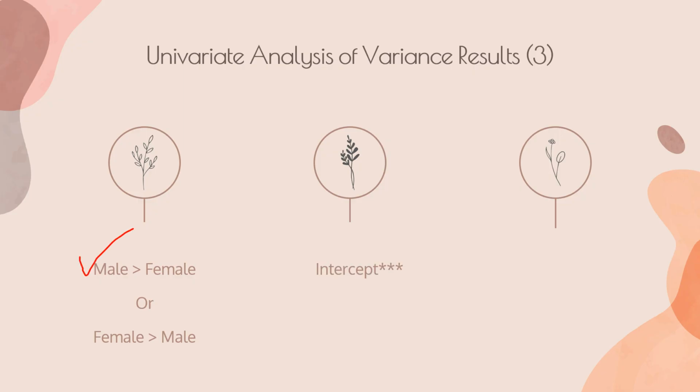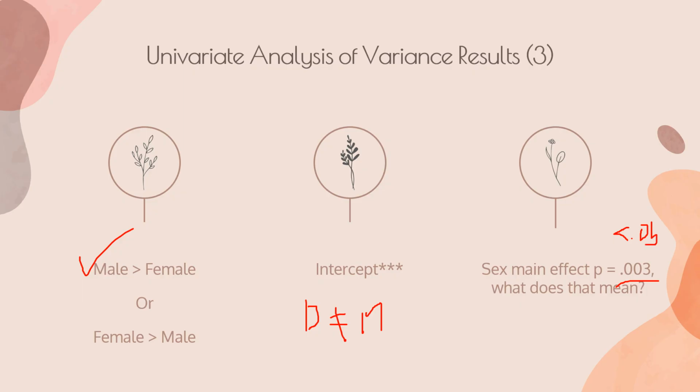Intercept. Remember, data not equal to the model, or you can say model not equals data. It's the same thing. So p equals 0.003, less than 0.05.